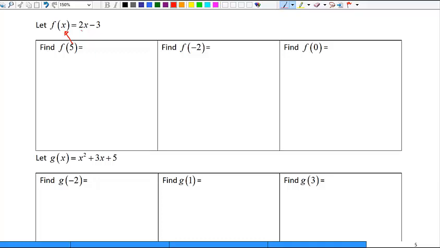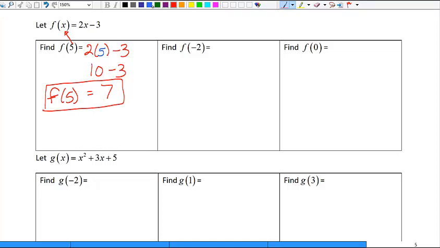Every time I see an x in the function, I'm going to leave an open parentheses, and then plug in the value 5 anytime that there should have been an x. And then I just evaluate. 2 times 5 is 10. 10 minus 3 is 7. So therefore, f at the given value 5 is equal to 7.